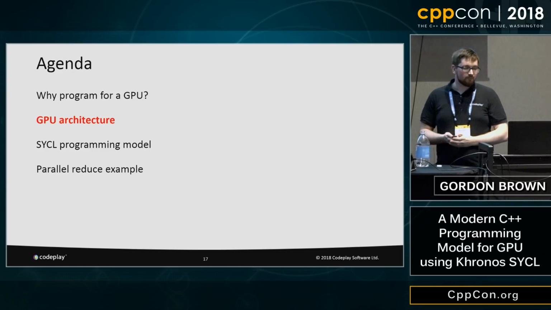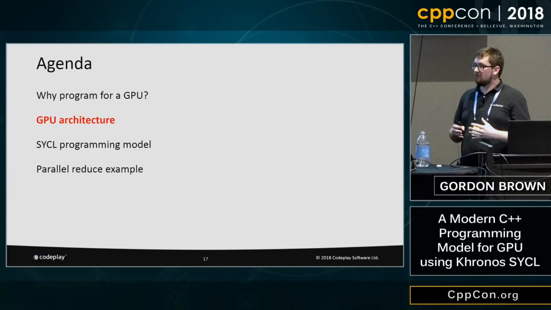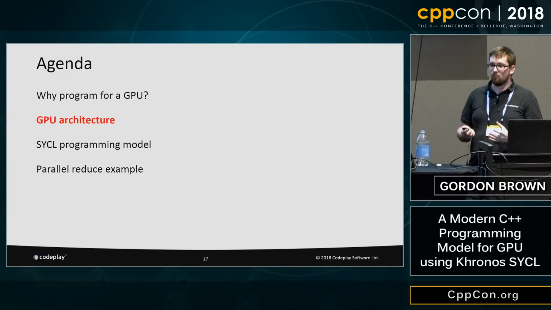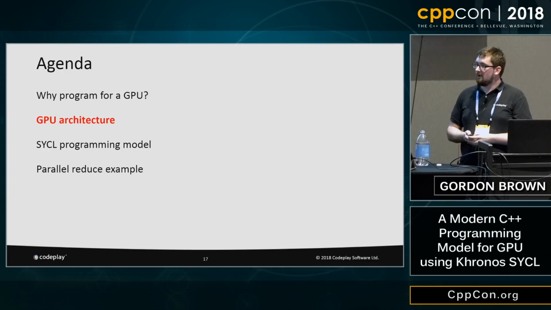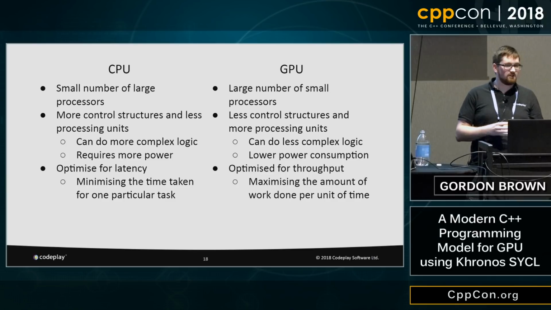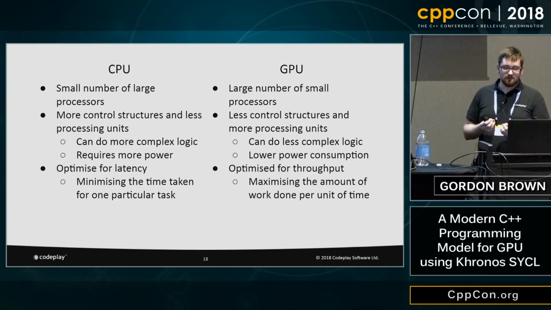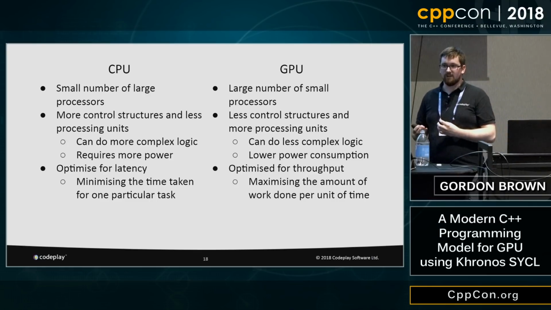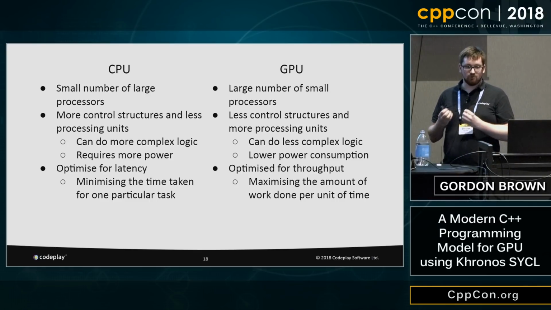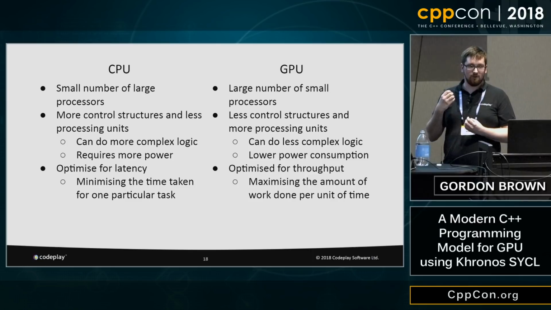The next part I'm going to look at is the GPU architecture and the GPU programming model, so you can understand how that works. At a very high level, the difference between a CPU and a GPU is that the CPU has a small number of very large processors and a lot of control structures, which allow CPUs to be optimized for latency, so your tasks can run as fast as possible.